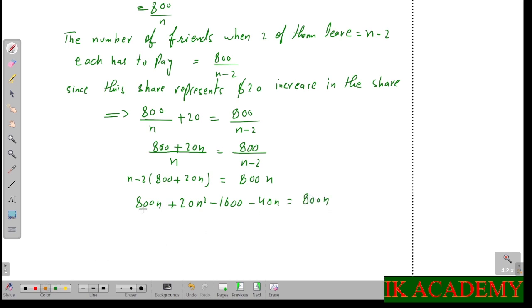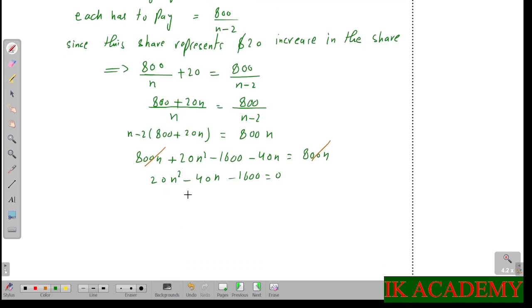So 800n and 800n will cancel each other. So here we have 20n square minus 40n minus 1600 equal to 0, which is quadratic in n.